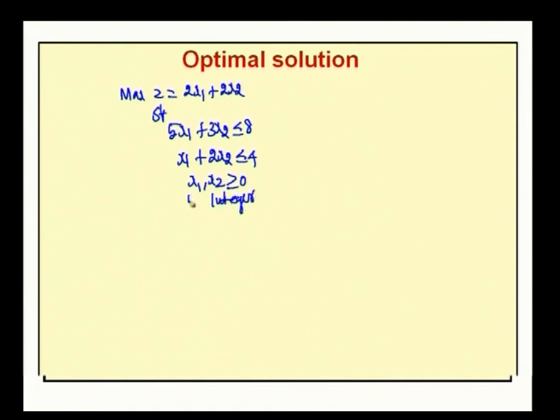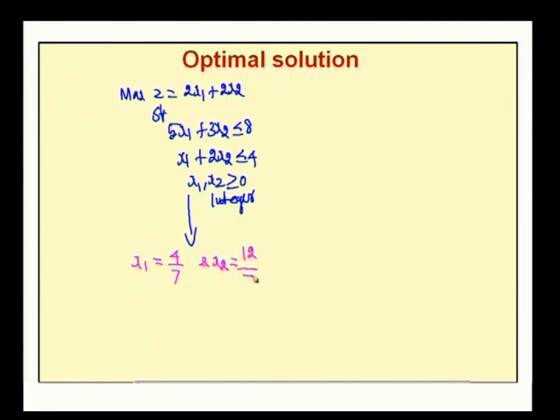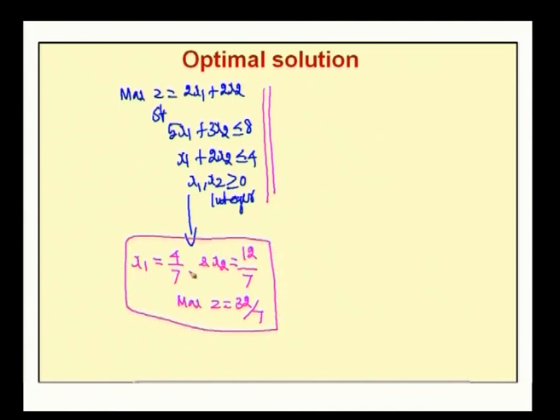Now, for this original problem, our optimal solution is x1 equal to 4/7 and x2 equal to 12/7, with maximum z equal to 32/7. For this problem, by making use of the graphical method, we obtain the optimal solution x1 equal to 4/7 and x2 equal to 12/7 and maximum z equal to 32/7.